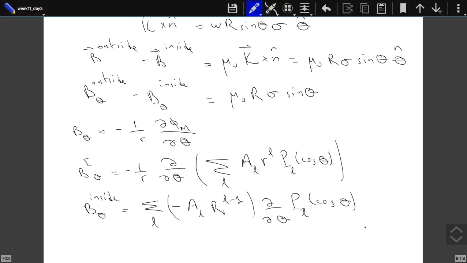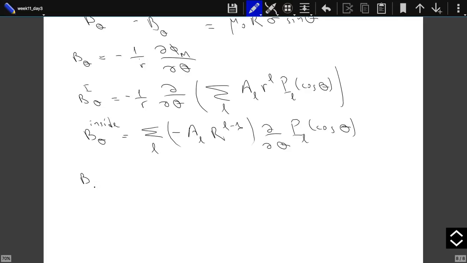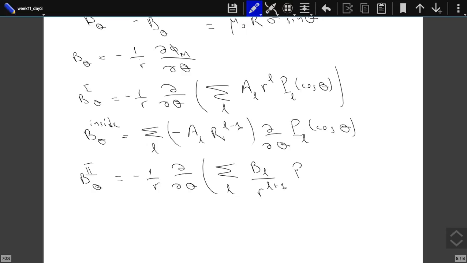This is B theta inside. Now B theta in region 2, that is outside my sphere, we had already seen that this is minus 1 over r del over del theta. Our potential in region 2 is B_L over r to the L plus 1 P_L of cosine theta.